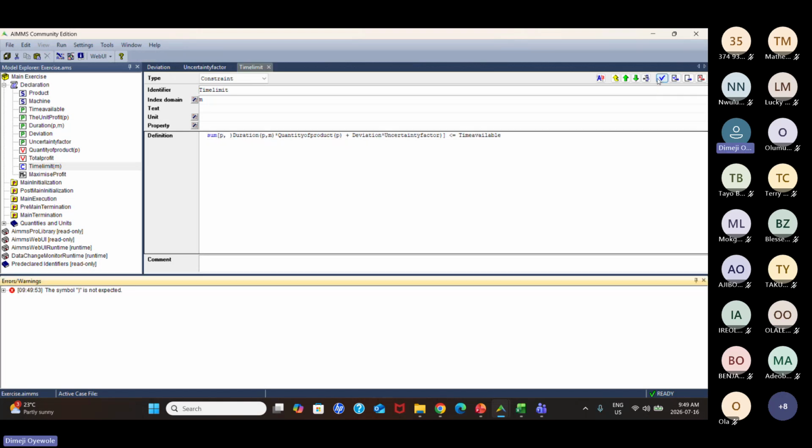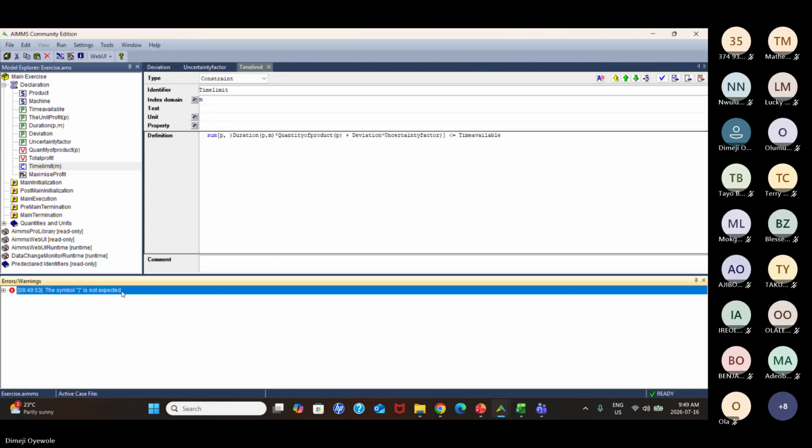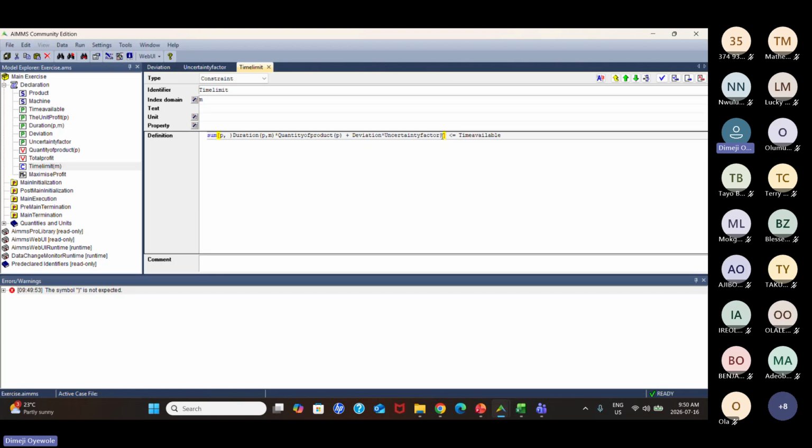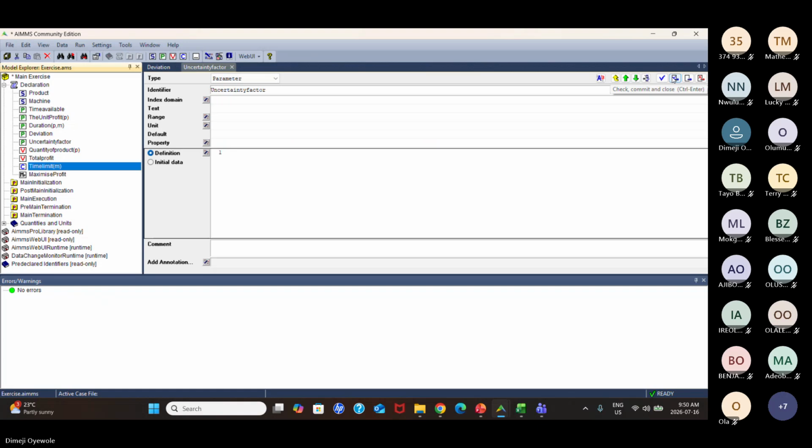So we commit. So the brackets are not expected, so we can remove the brackets. It's wrong. So let's run it now.